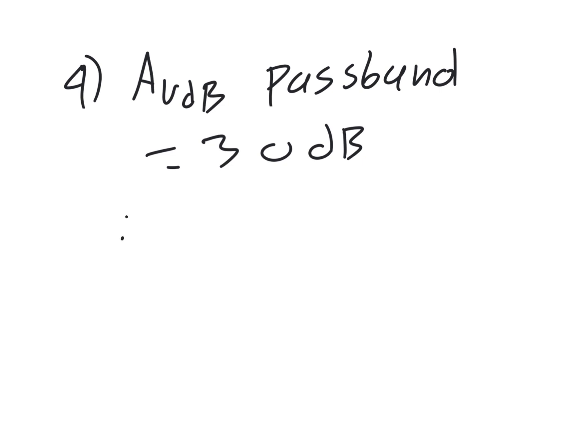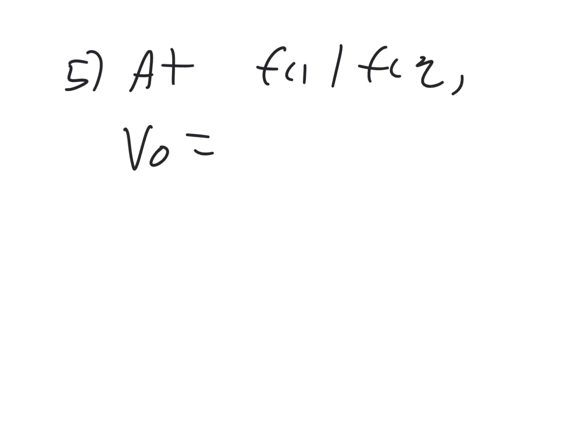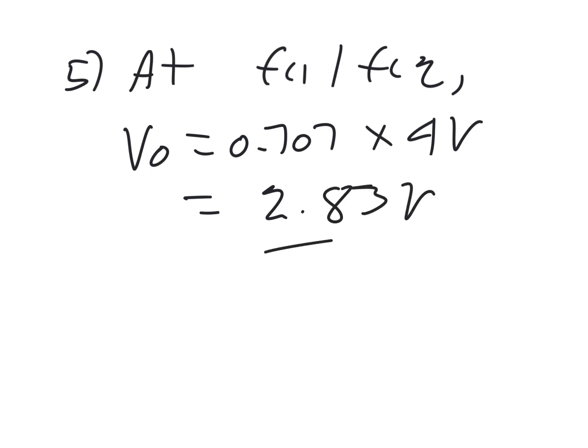So therefore, at FC1 and FC2, AV is going to be down 3 dB, so it's going to be down to 27 dB, and likewise at FC1 and FC2, VO equals 70% of the 4-volt output in the passband, and that would be equal to 2.83.